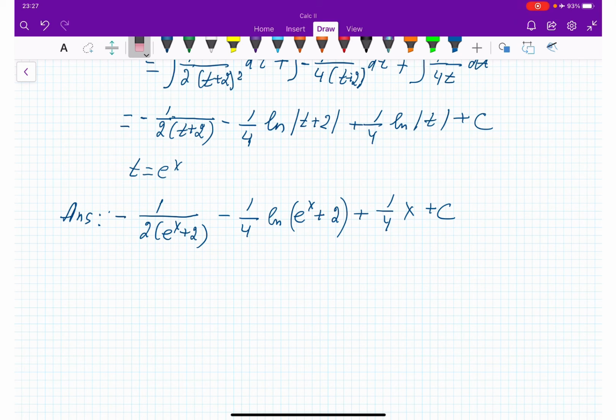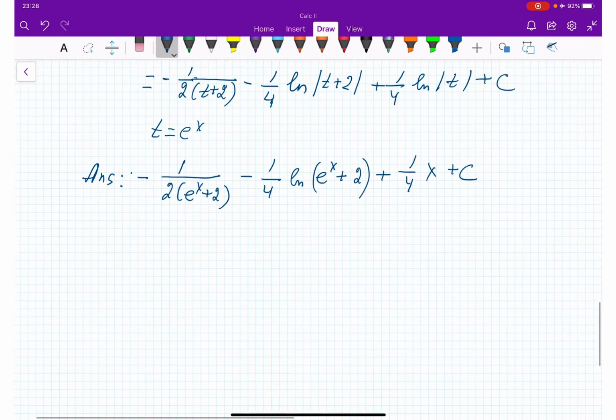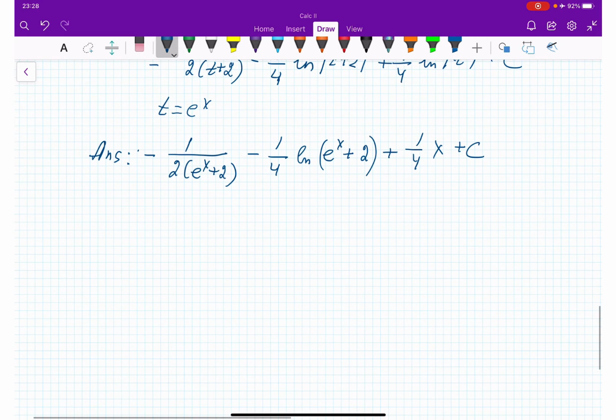Moving to the next one, I would like to solve another one. Number 2. We have the integral of e to power x minus 1 over e to power 2x minus 6 e to power x plus 10.